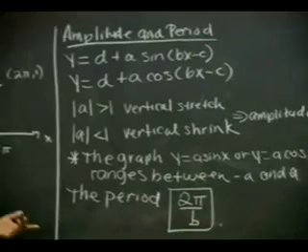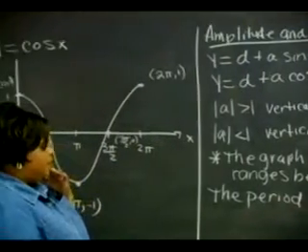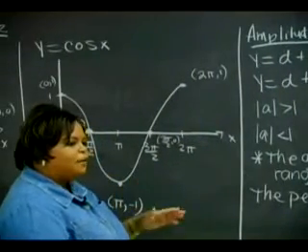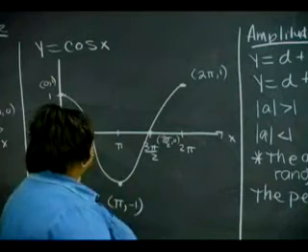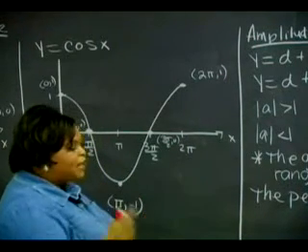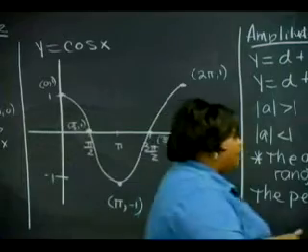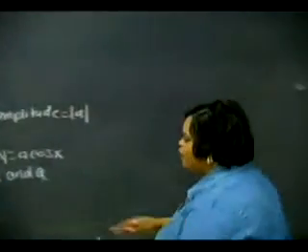So if I know the period of this graph, then I can still get my 5 key points. It may not range from 0 to 2 pi. It may range from 0 to 4 pi, okay? But I can use the period to find how compressed or how stretched the graph is on a horizontal level, okay?